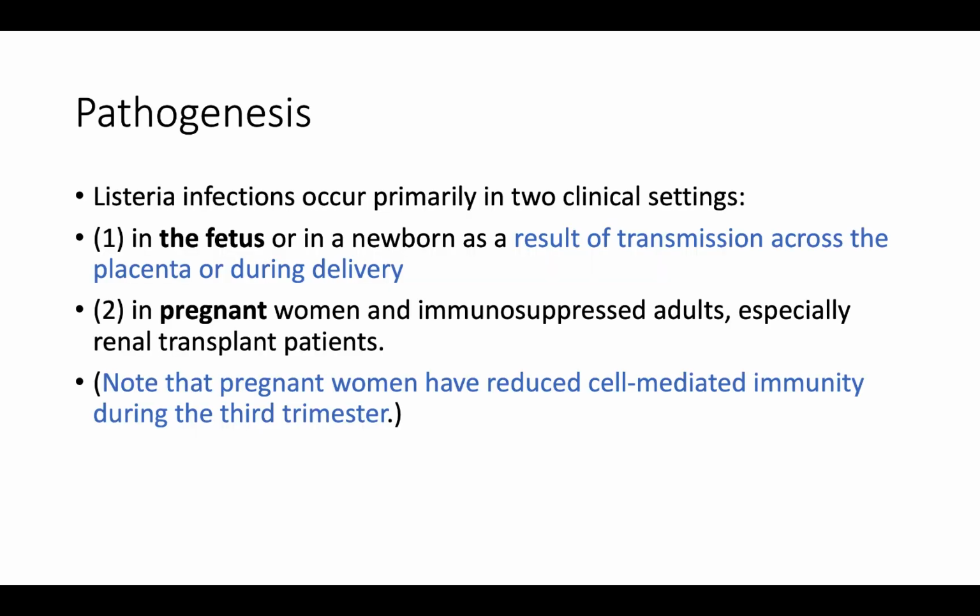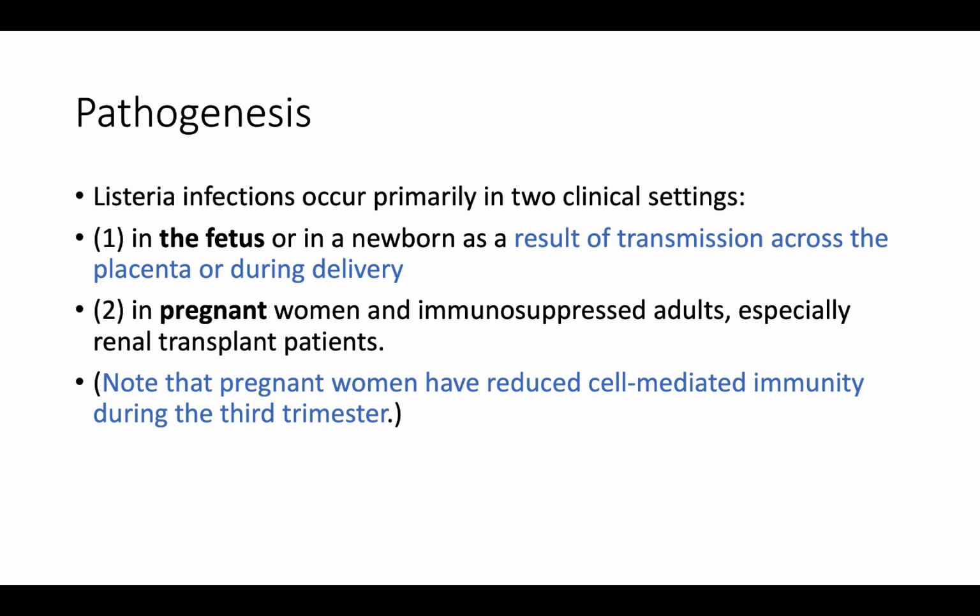Pathogenesis. Listeria infections occur primarily in two clinical settings: fetus and pregnant women. The fetus or newborn is infected as a result of transmission across the placenta from the mom. It also occurs in other immunosuppressed adults. Now we'll talk about the mechanism.